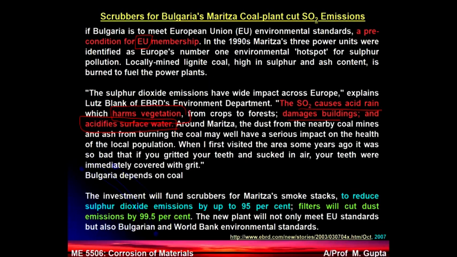So essentially, they promise that they will cut down the SO2 emission by about 95%. They will use filters to cut the dust emission, so that industry like the microelectronic industry has no problem. And what can dust do to human beings? It can cause respiratory diseases, asthma.